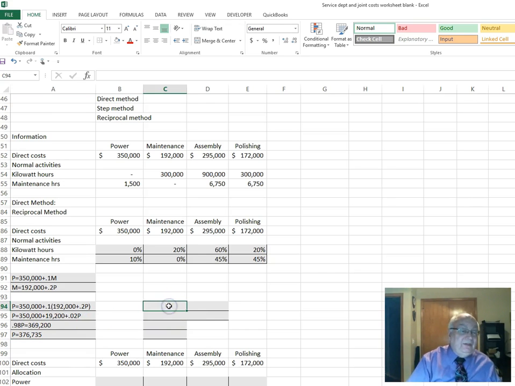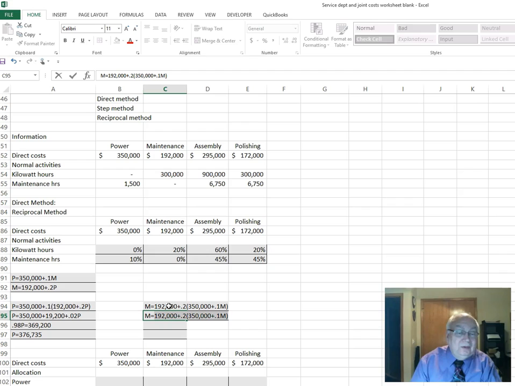Okay. Now we do the same thing for maintenance. So maintenance is equal to the 192 plus 0.2 times power, which is the 350 plus 0.1 M. Okay, so M is equal to 192 plus 70,000 plus 0.02 M. Subtract 0.02 M from both sides, gives you 0.98 M is equal to 262,000.